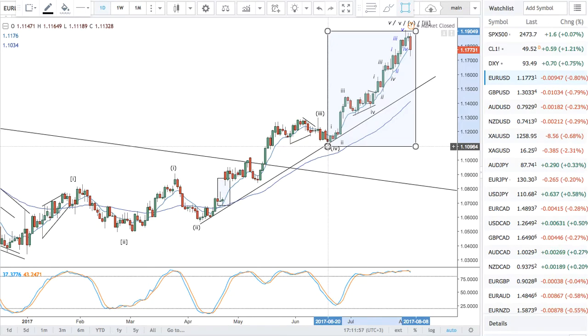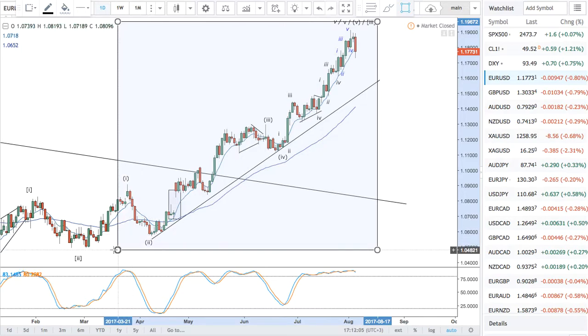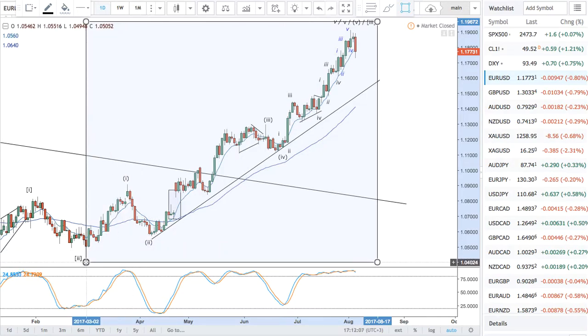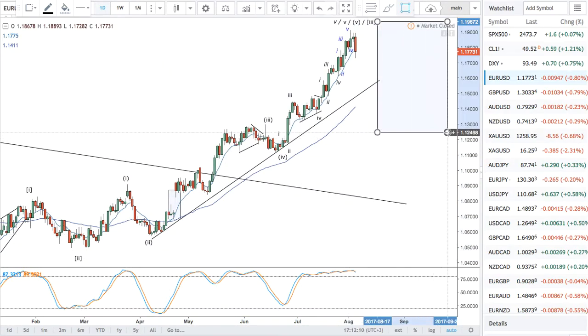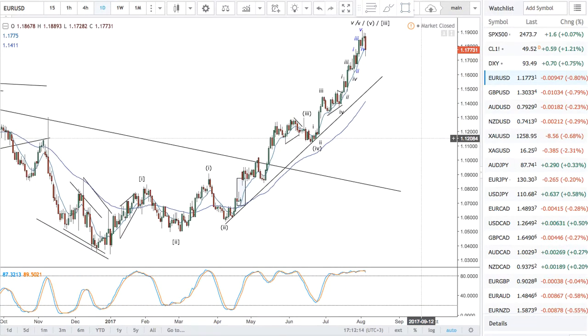So multiple wave 5 extensions, and now if this is the high for wave 3 in here, which completes this segment, 1, 2, 3, 4, and 5, we will see a fourth wave correction. Now how that will materialize, I don't know.